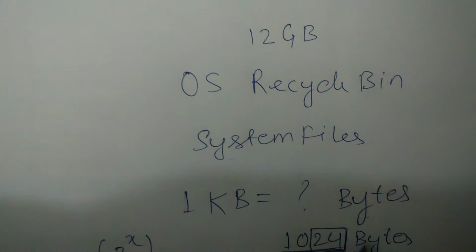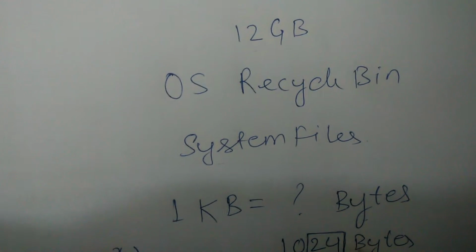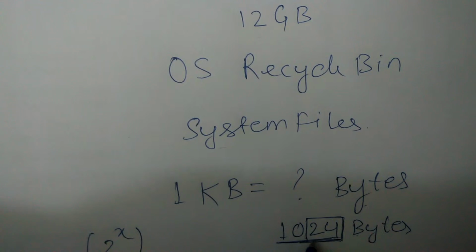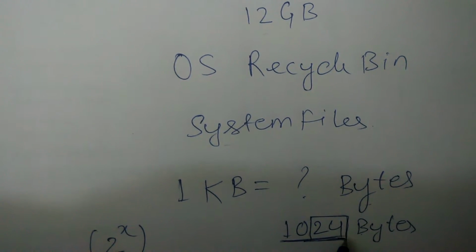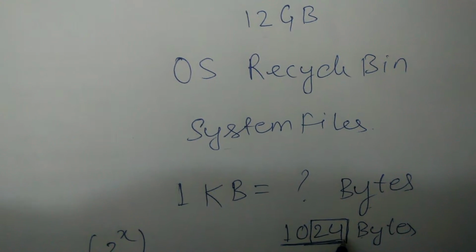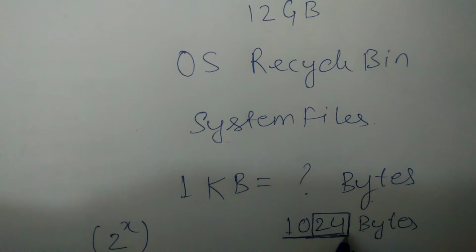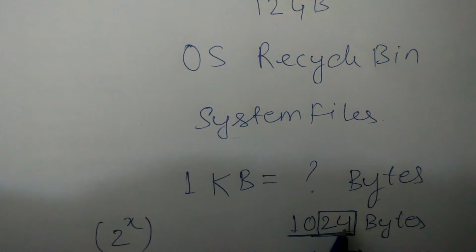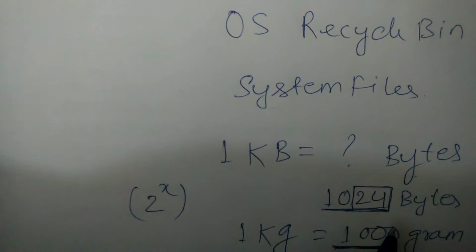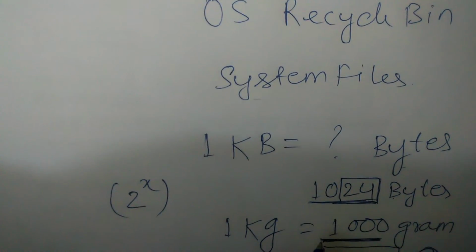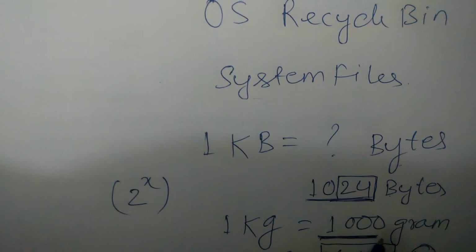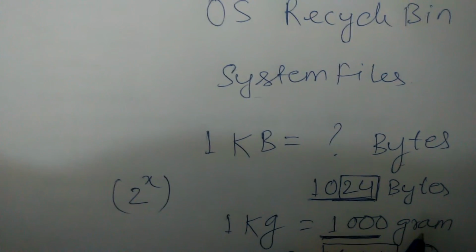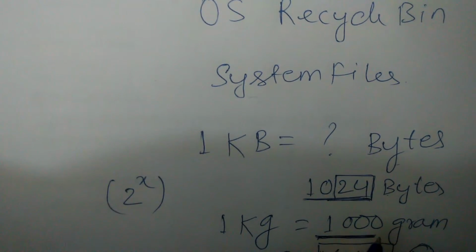As per the calculation, 1 kilobyte equals 1024 bytes. Now, in the normal day-to-day world, we are not supposed to be dealing with these kinds of figures. Say, for example, 1 kilogram equals 1000 grams. Why are we comfortable dealing with this?